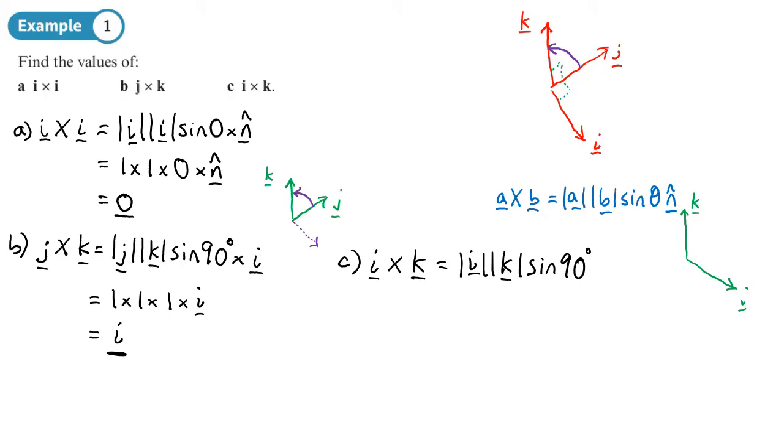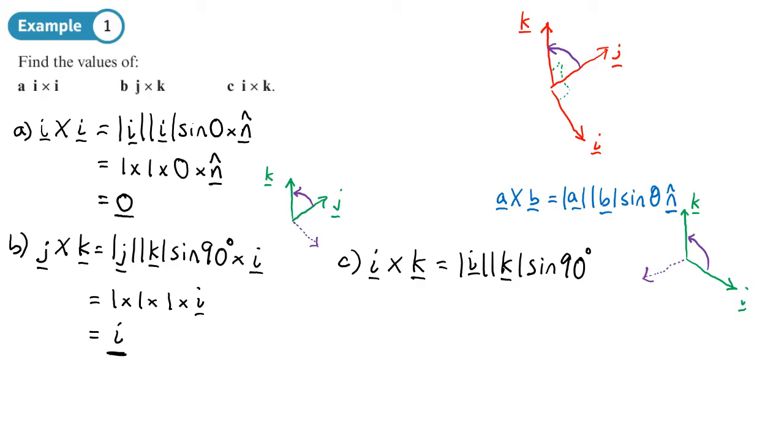And i cross k will mean that we're measuring this way. Now if I'm measuring that way, the unit vector needs to be pointing in this direction, not the other direction. Okay, it all sort of matches up with the direction of the angle.